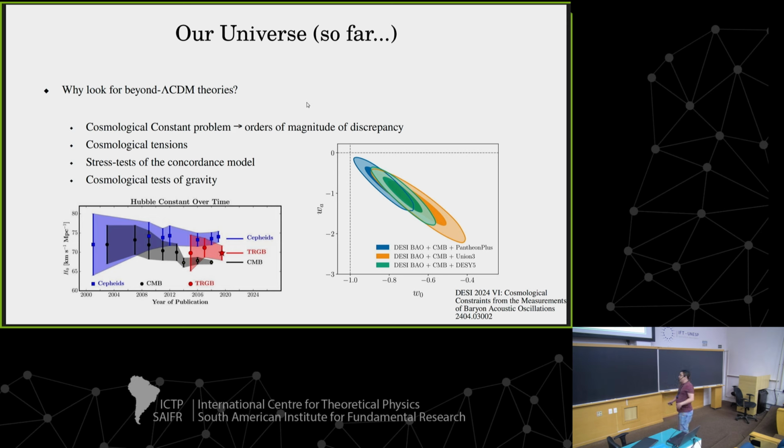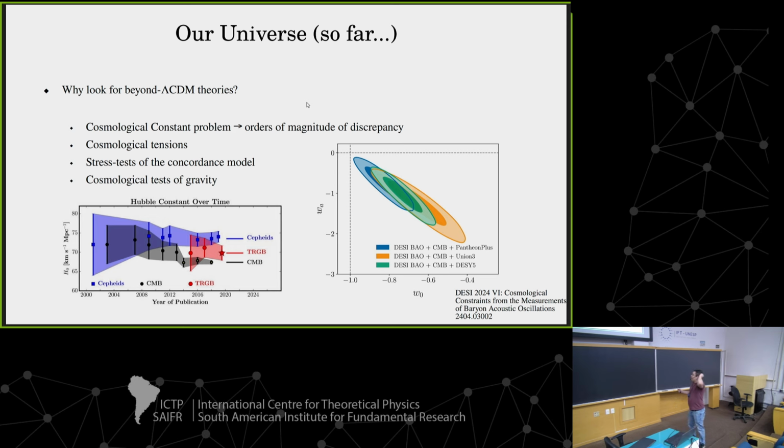We have something that I really like, which is stress tests of the concordance model. The standard model of cosmology can be seen as a concordance model, so it's either a fundamental theory or something that we need to fall into as a limit. And something that I worked on during my PhD, which is cosmological tests of gravity.